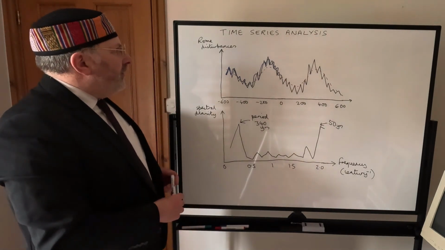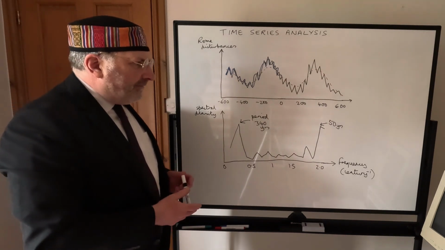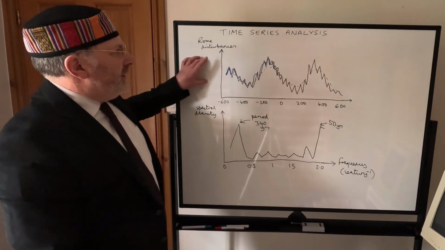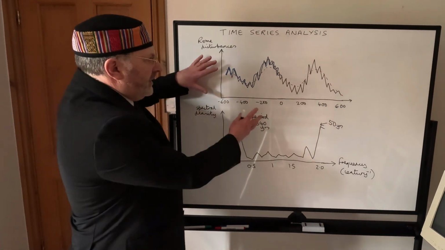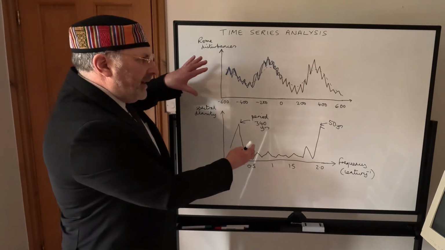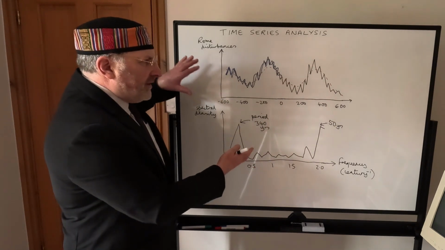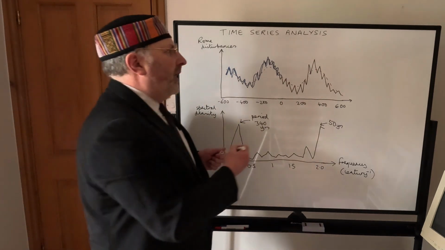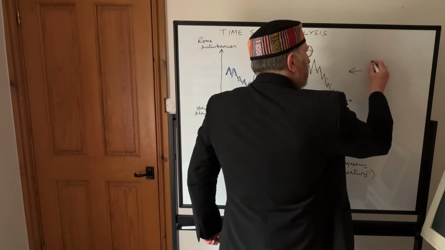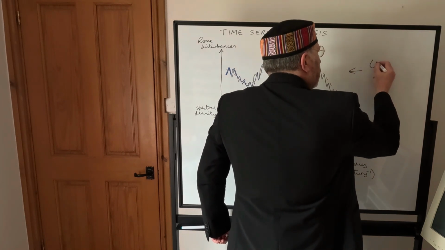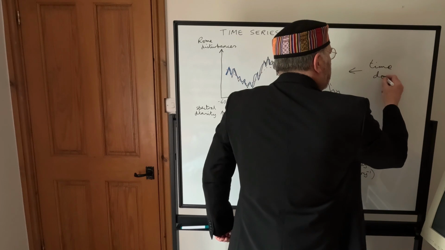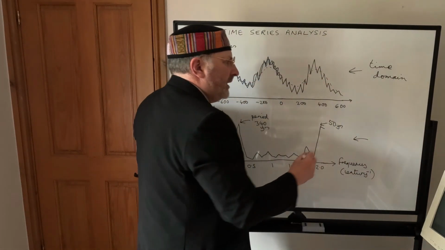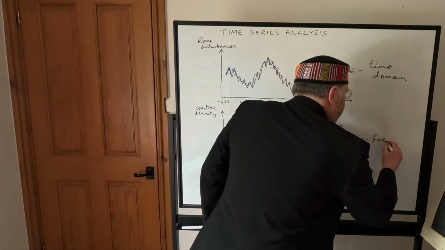So that is an example of Fourier analysis, and the data here show exactly the same data. They're just two different ways of looking at the data. One is by plotting the data against time, so we could say that this is showing the data in the time domain. And here we're plotting the data as a function of frequency.